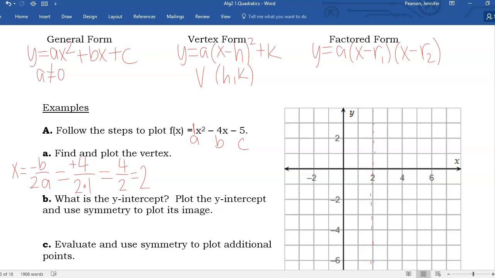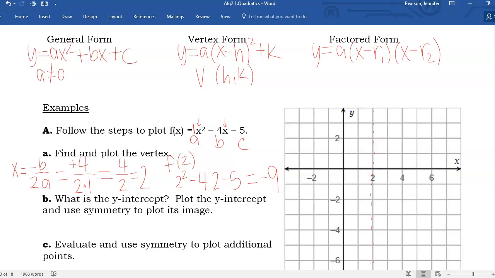And to figure out the y-coordinate of the vertex, I'm going to evaluate the function at 2. So that is going to be 2 squared minus 4 times 2 minus 5. I'm substituting 2 in for the x's of my equation. So 2 times 2 is 4, 4 minus 8 is -4, minus 5 is -9.